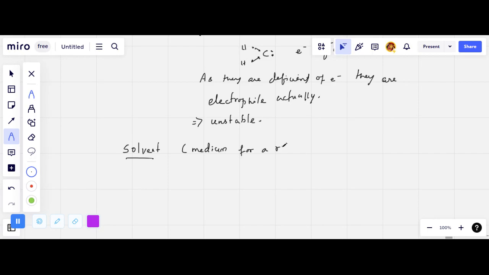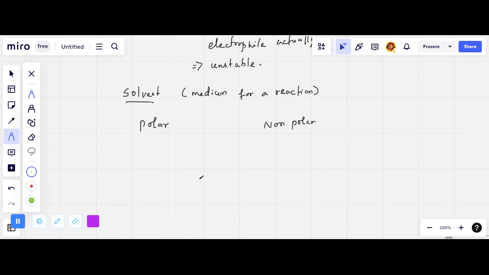There are two types of solvent: polar and non-polar. Again, polar solvents are of two types, protic and aprotic. First we will see polar.